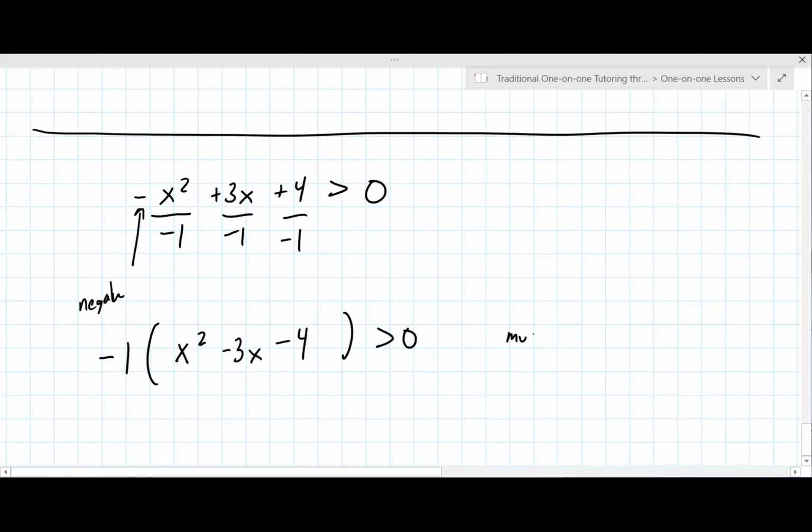So now you need two numbers that multiply to -4, but add to -3. So I'm going to give you a moment to figure that out. I'll be right back.